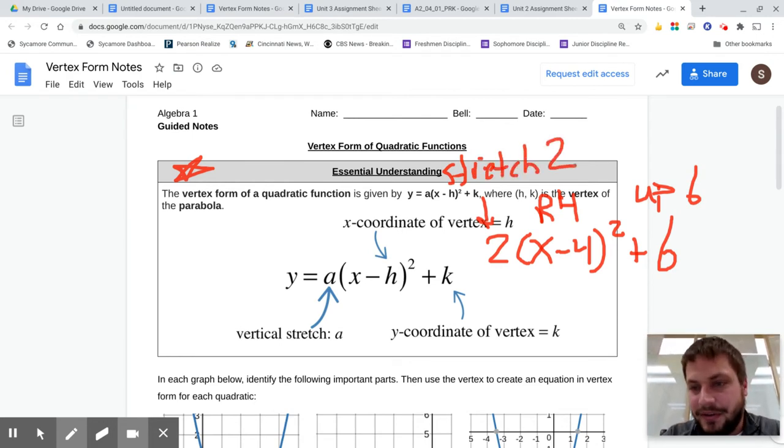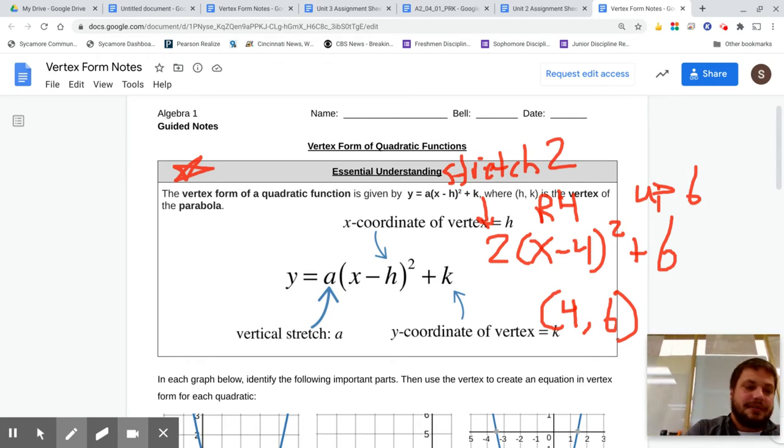We've already learned this stuff with inside-outside rules. If I asked you where the vertex of this parabola was, since it went right 4, up 6, you would know that the vertex is at 4, 6. Just remember inside-outside rules. Your vertex is at 4, 6 because it's inside's opposite.